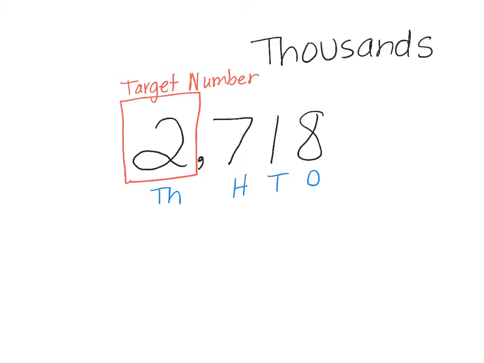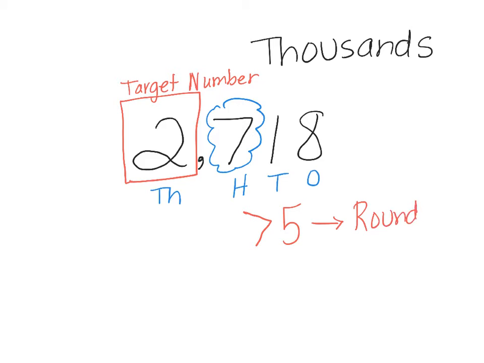Now remember, our rule is if the digit to the right, so that's this guy right here, is greater than 5, I round up. If it is less than 5, I round down.